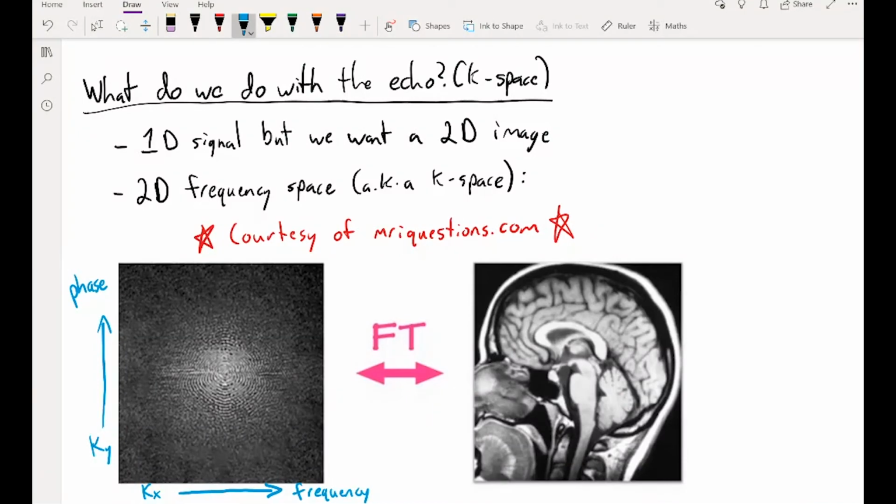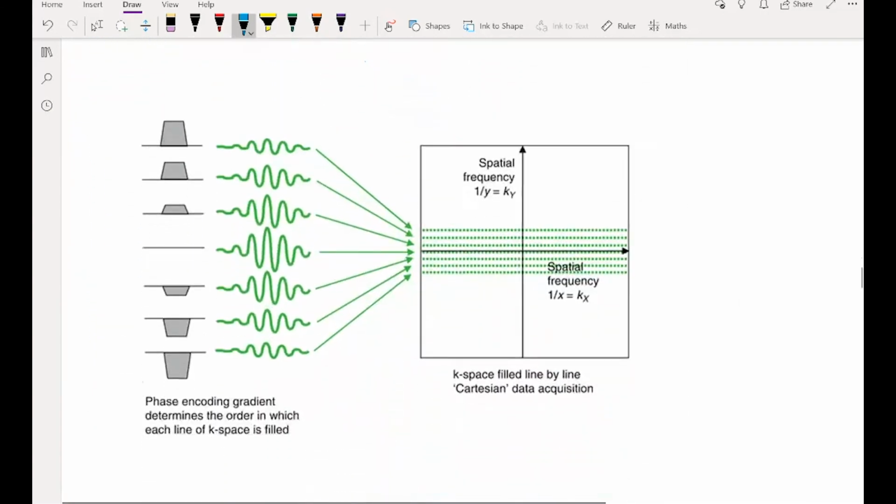Anytime I'm looking for an explanation on what is even going on in MRI, which is frequent, I go to MRI questions first. The questions and the concepts are explained very well, a little bit above the level of these sessions, but if you follow along with these sessions, you're pretty much primed to understand what they're talking about. So it's a good website, definitely a good resource for anybody who needs to study MRI physics to whatever degree.